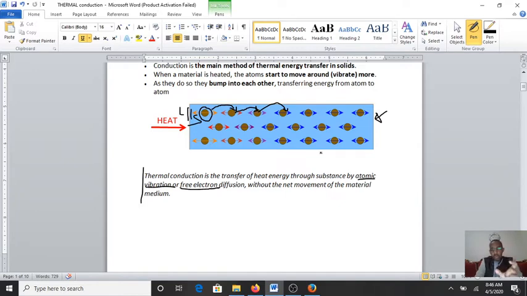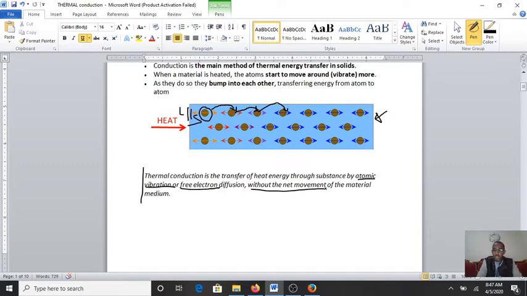And then another thing about thermal conduction is that when it takes place, the material through which thermal energy is transferred does not move. As you can see, when you heat the solid, it remains in the same place. The solid doesn't move. So there's no net movement of the material medium. So we're talking about atomic vibrations, free electron diffusion, and no net movement of the material.